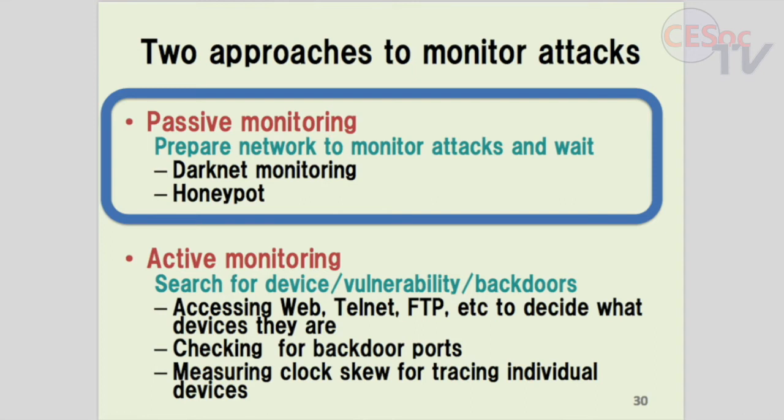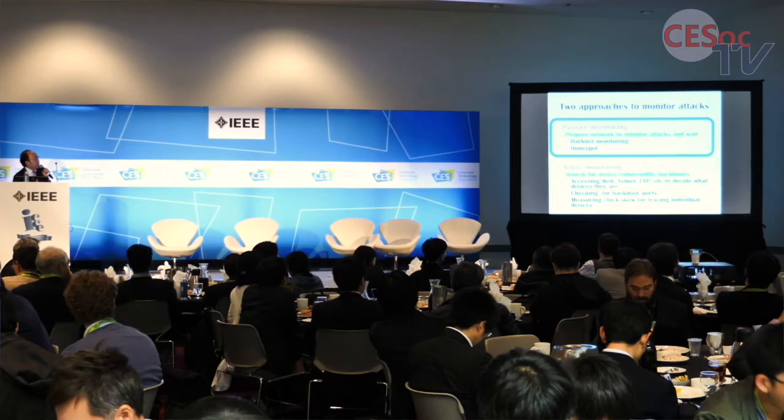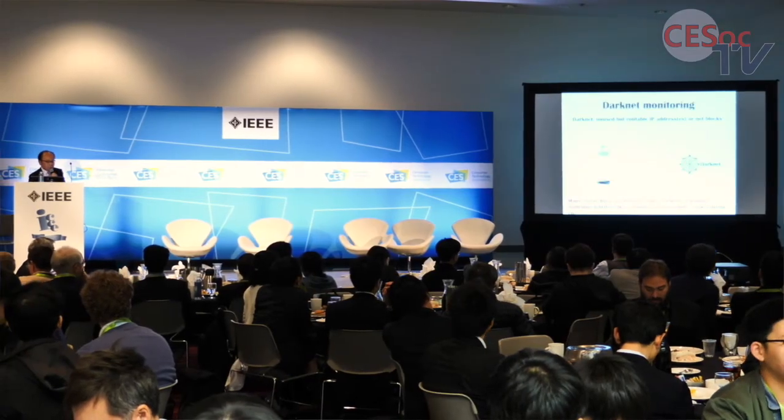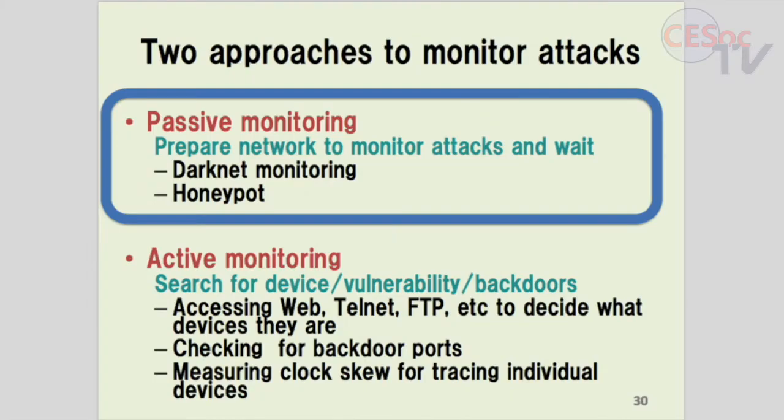So how do we monitor the attack? Passive monitoring. As I said before, passive monitoring may consist of darknet monitoring and honeypots. Darknet monitoring, there's no need for me to explain what darknet monitoring is. This information is also interesting.